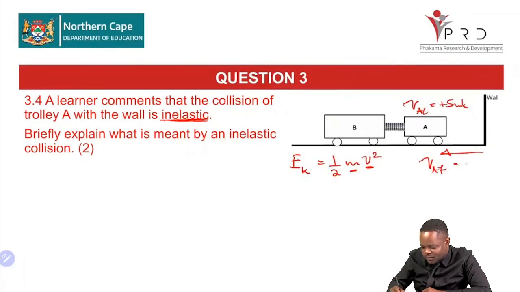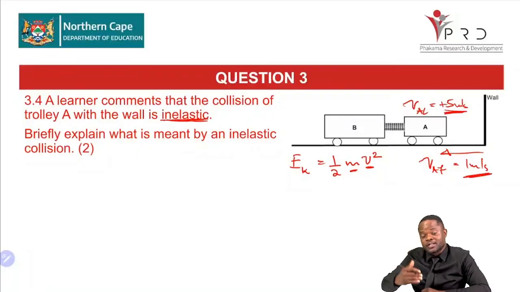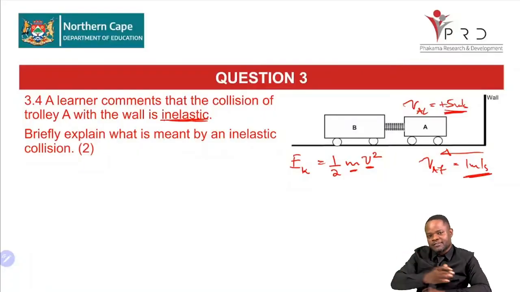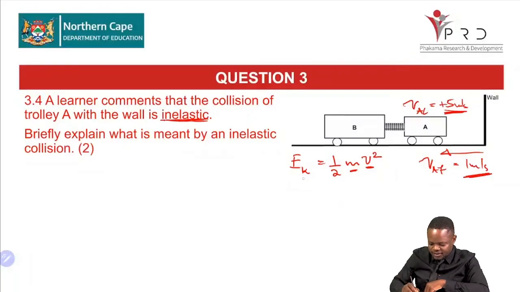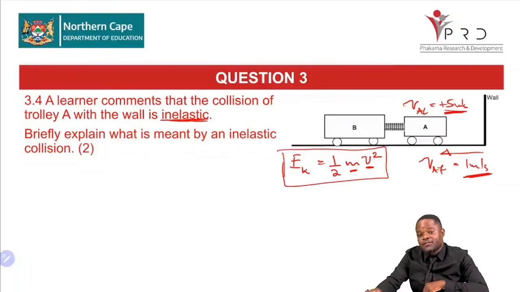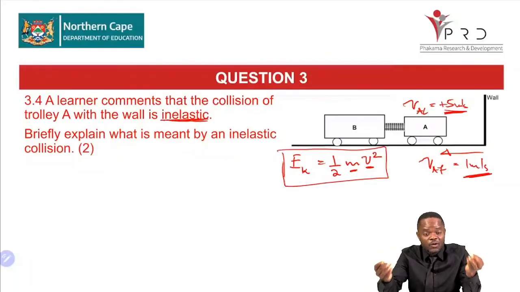Going back, we got 1 meter per second. So already you can see there is a change in the velocity of A before and after the collision with the wall. V has changed. It means our EK has changed. Therefore, there is no conservation of our kinetic energy, and that renders our collision inelastic.